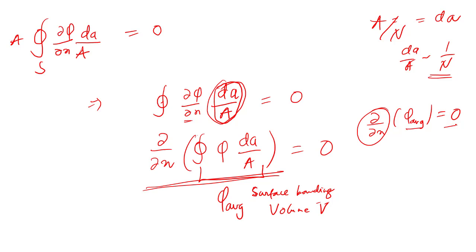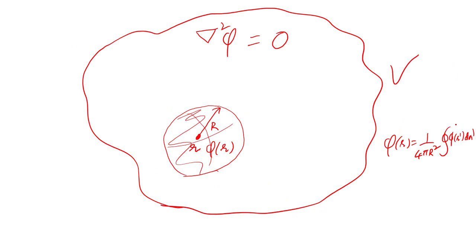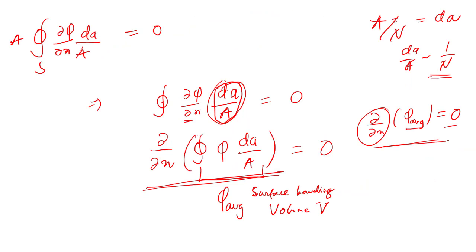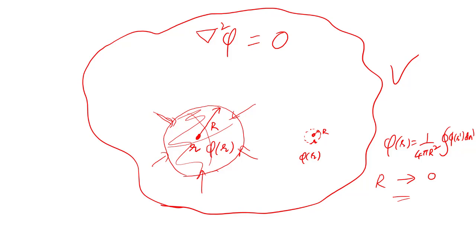So if I let the capital R go to almost 0, I have a point R and I'm drawing a very tiny sphere, and if I average over that tiny sphere, then I should get φ of R. The fact that this average is not changing means if I shrink the sphere from capital R to R going to 0, this average value itself is not changing, and that gives rise to the value at the center.